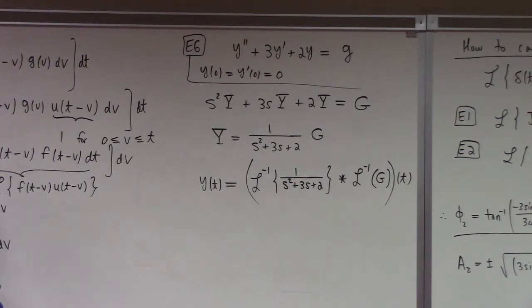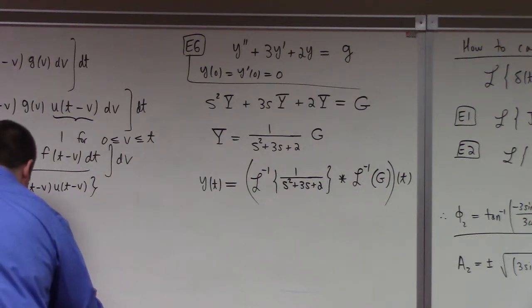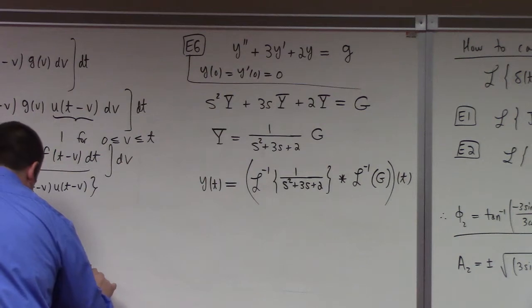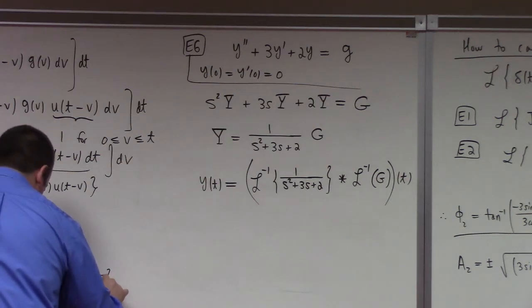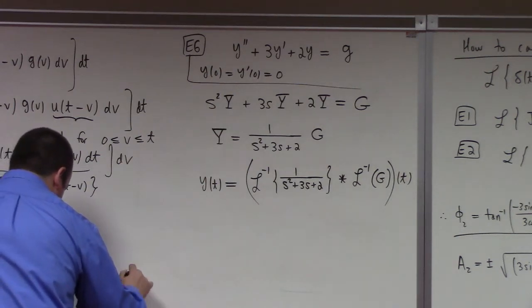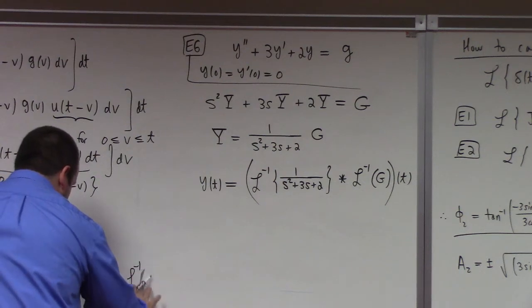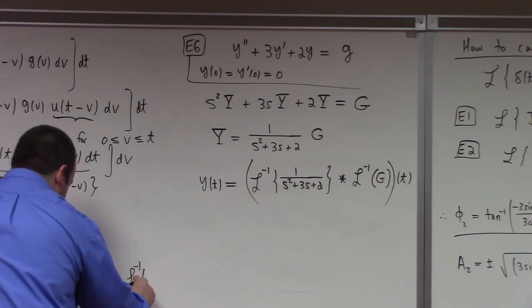By the way, we could say this: the inverse transform of big F times big G is the inverse Laplace transform of F convolved with the inverse Laplace transform of G. Don't get lost in the curly brackets here.